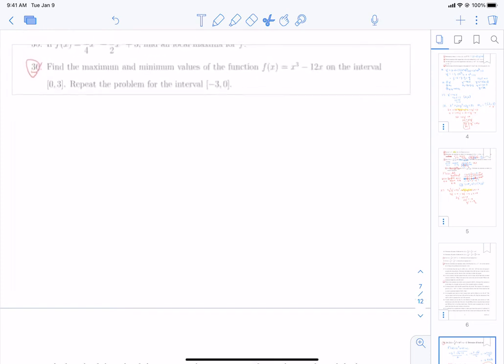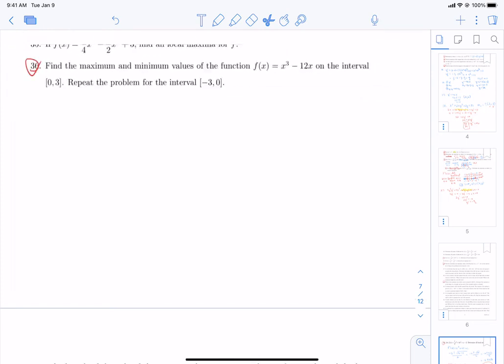And this is why. Let's talk about the procedure for when it's on an interval. You're going to take the first derivative, find the critical numbers by setting that first derivative equal to 0, and solve.